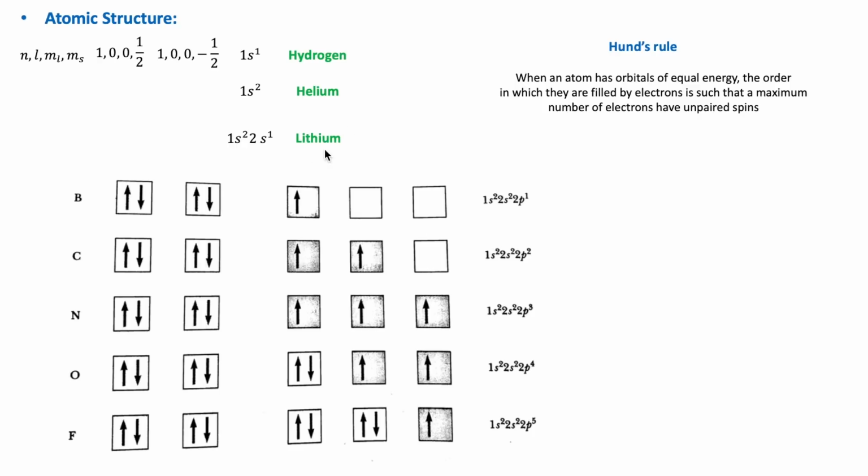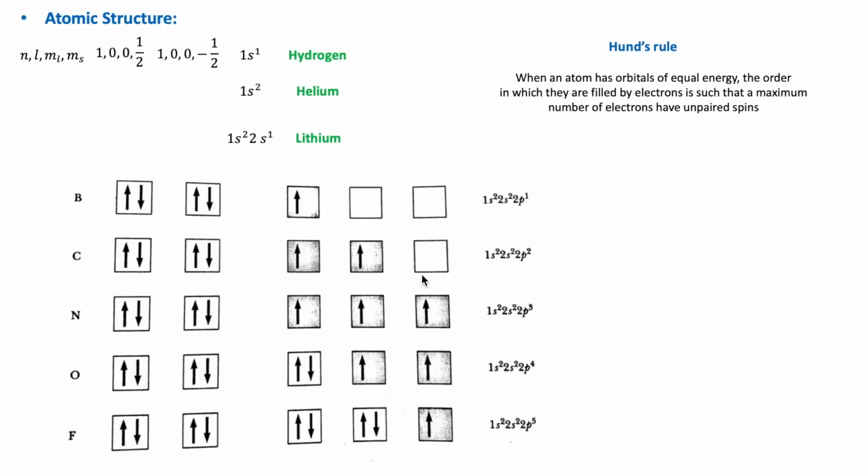And neutral lithium has this electronic configuration. It has 3 electrons, and in its ground state, 2 of these electrons are in the 1s subshell, and the third electron is in the 2s subshell. The figure here shows the electronic configuration of some other elements.